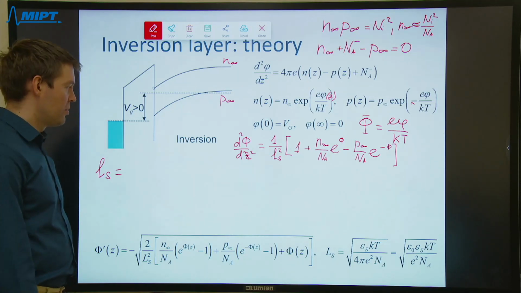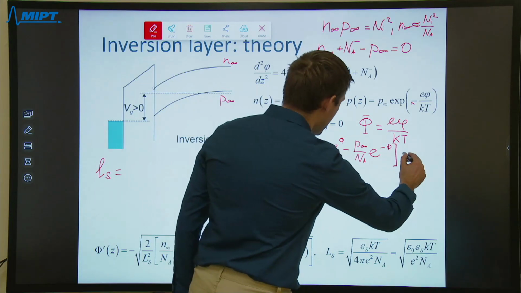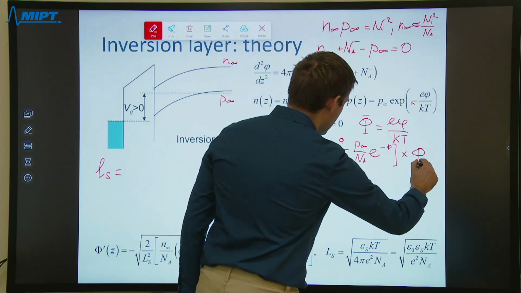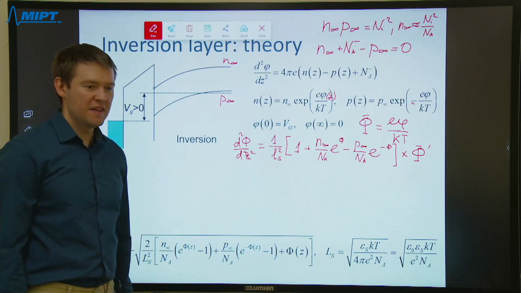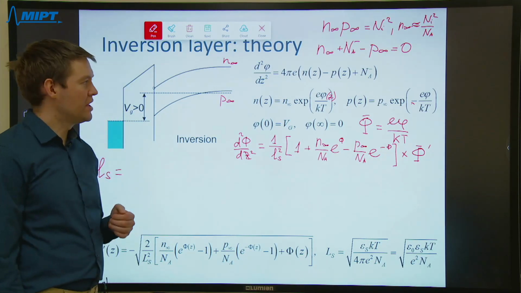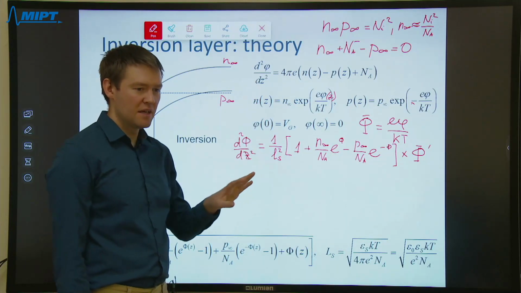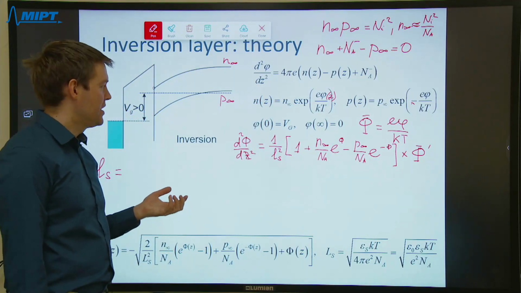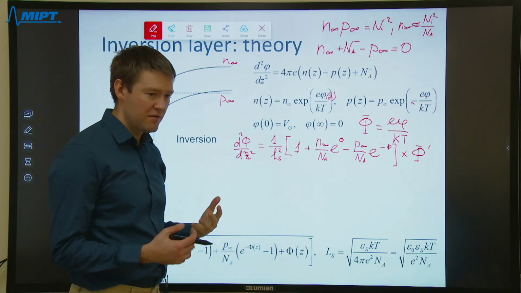To cope with this equation, we have multiplied it by phi prime and integrated once. This is the common approach for differential equations that don't have coordinate z in explicit form.